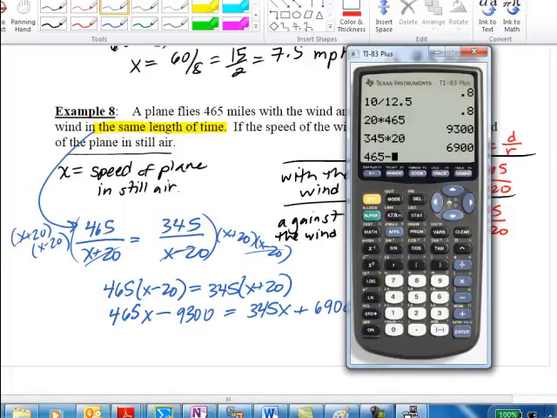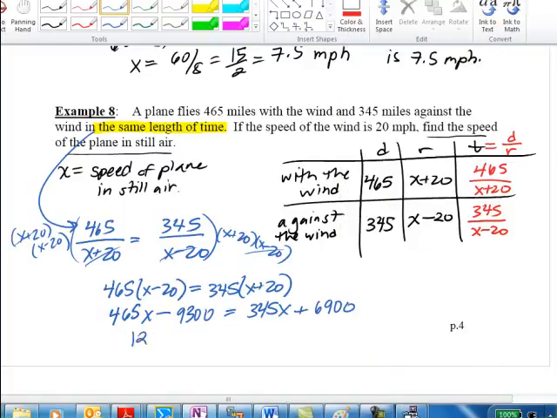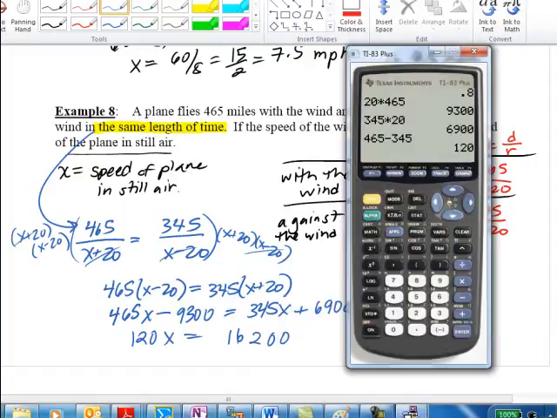465 minus 345, 120x, and add 9,300 to both sides. I'm getting 16,200. I'm going to double check that too. Yep, looks okay. And then we would divide both sides by 120.